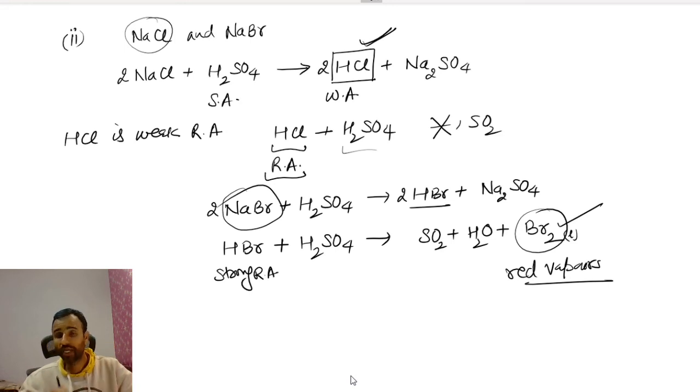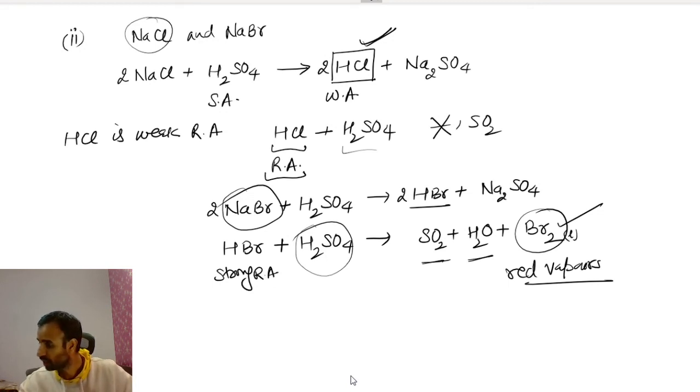But HBr produced during the first instance when it interacts with H2SO4 is a strong reducing agent, therefore it can reduce H2SO4 to SO2 and we get Br2, because HBr gets oxidized.